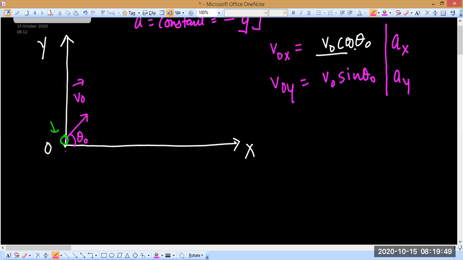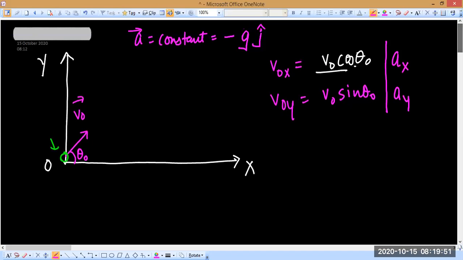Earth always attracts the thing downwards, correct? And the magnitude of that acceleration is g.